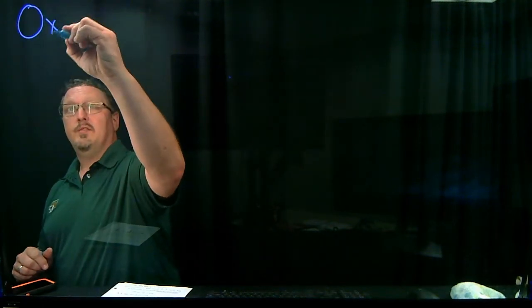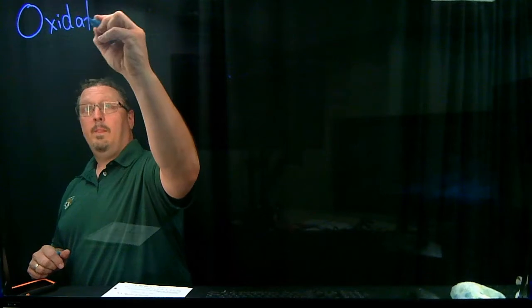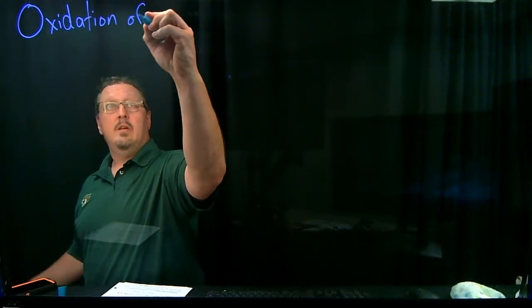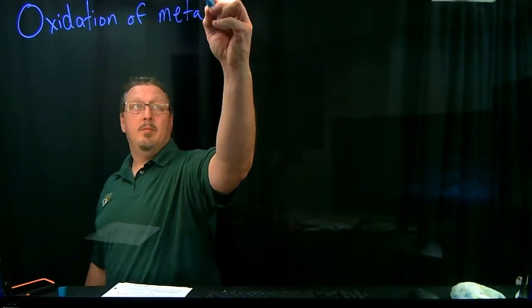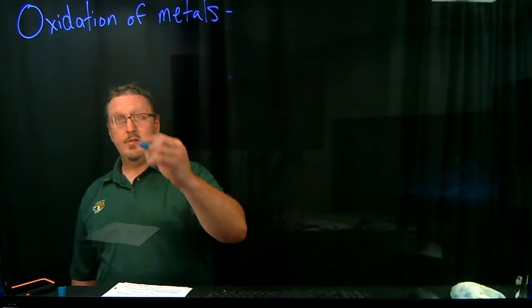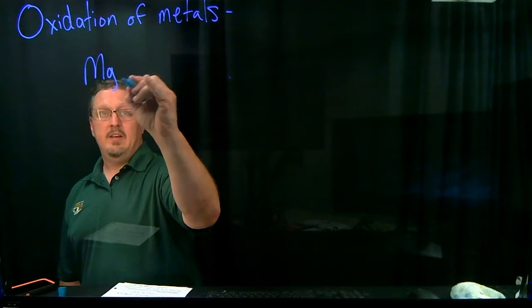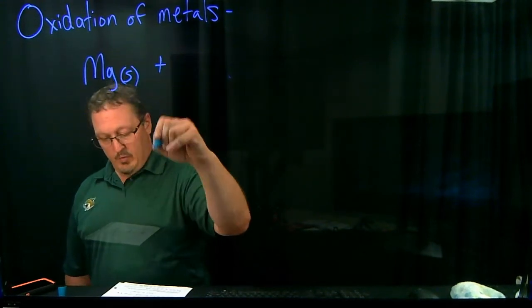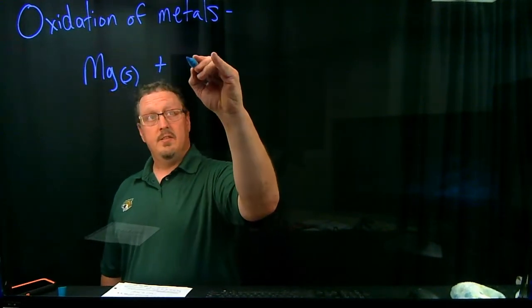So now what does that look like in a chemical reaction? Let's talk about oxidation of metals. The first one we're going to talk about is single replacement reactions. If I have solid magnesium, to it we're going to add aqueous hydrochloric acid.